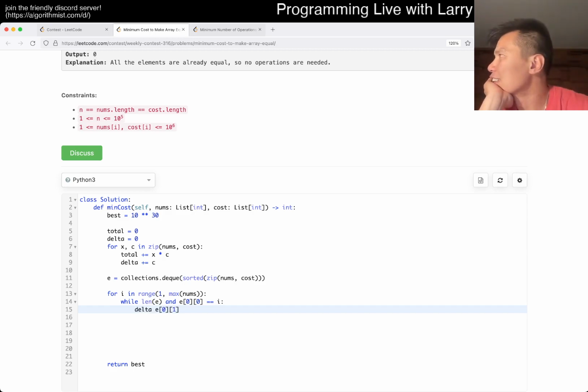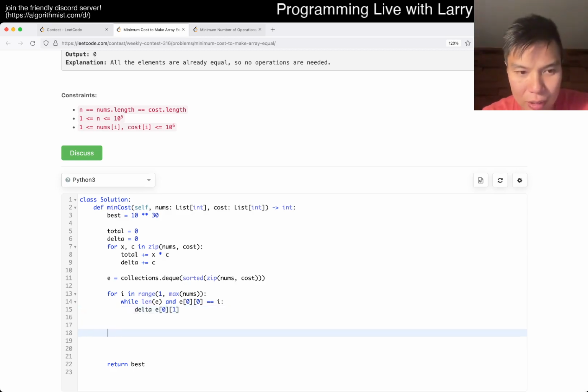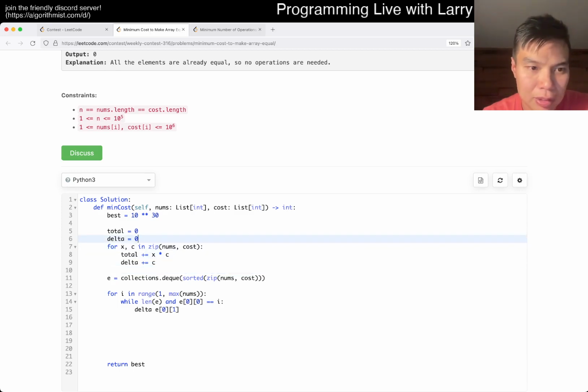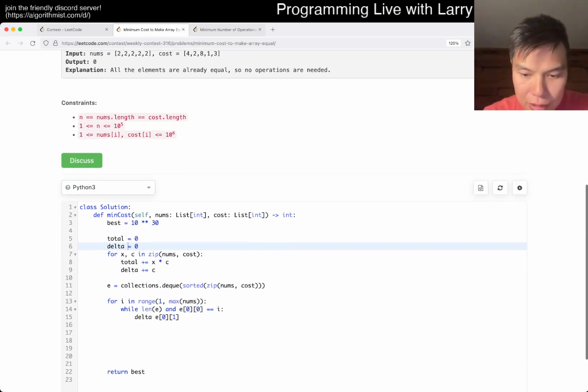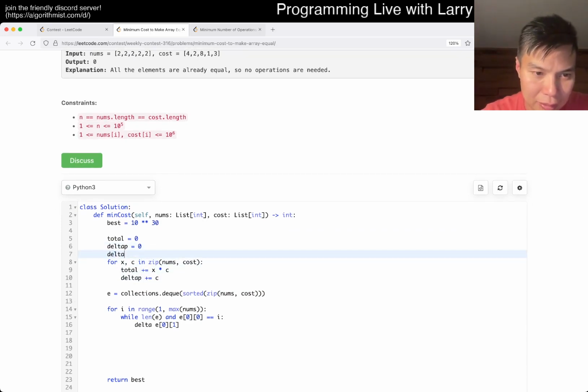Oh man, I messed this up, didn't I? Well, this is the delta on one side. Okay, so there are two components. These are the things that if you get closer, it gets cheaper, right? So, okay, let's just do delta p and delta n, maybe. Yeah, maybe the other way around, actually.